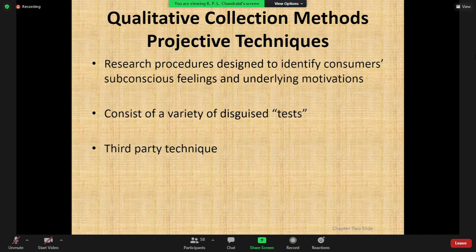That's the third party. We give the person a way to hide their face and project the answer using his or her friend. See, that's a projective technique.